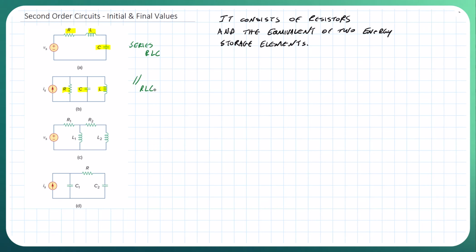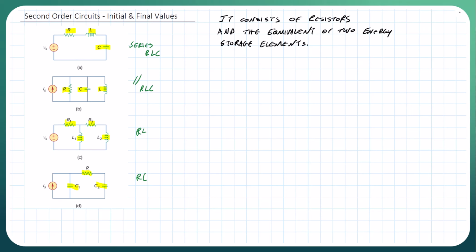But in addition to that, you can look at the last two figures, C and D, where again you have resistors and a storage element. This is an inductor, and then you have a resistor and two capacitors. In this case we have a second order RL circuit, and then a second order RC circuit.